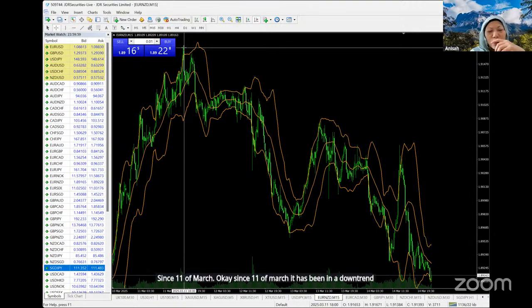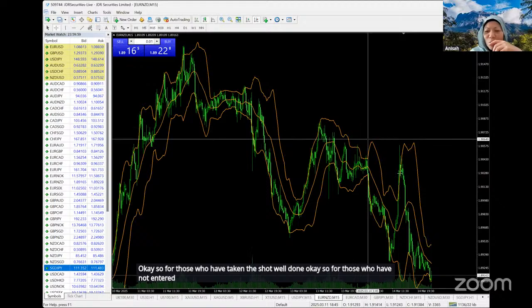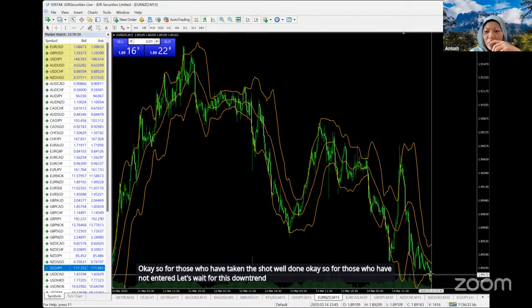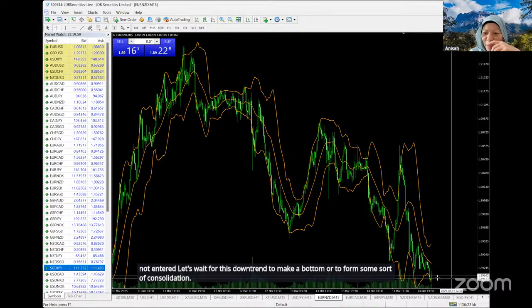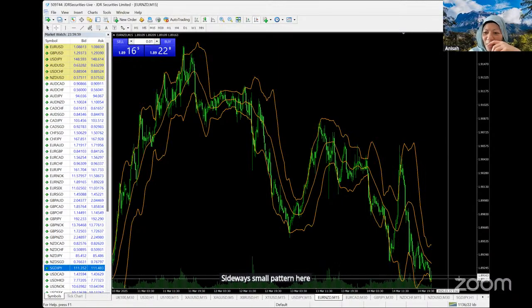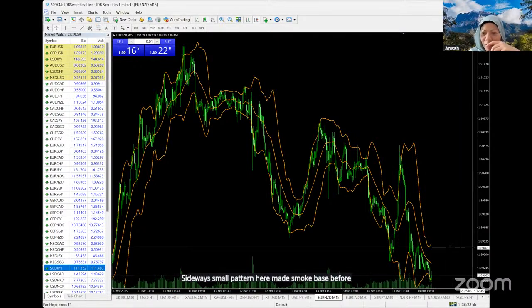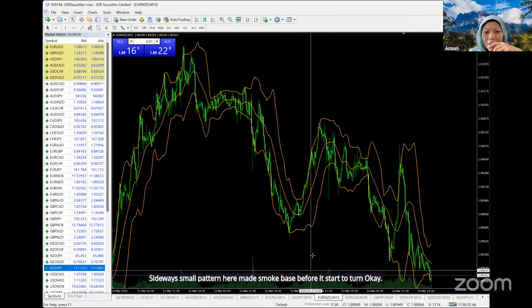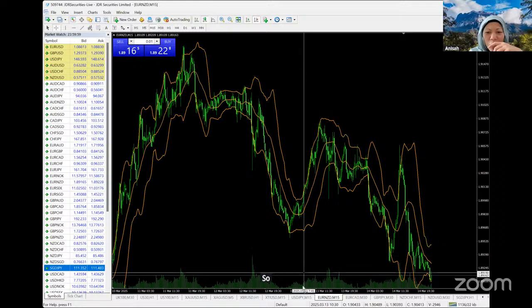For those who have taken the short, well done. For those who have not entered, let's wait for this downtrend to make a bottom or to form some sort of consolidation, a small sideways pattern, make a small base, before it starts to turn. So that's Euro Kiwi.